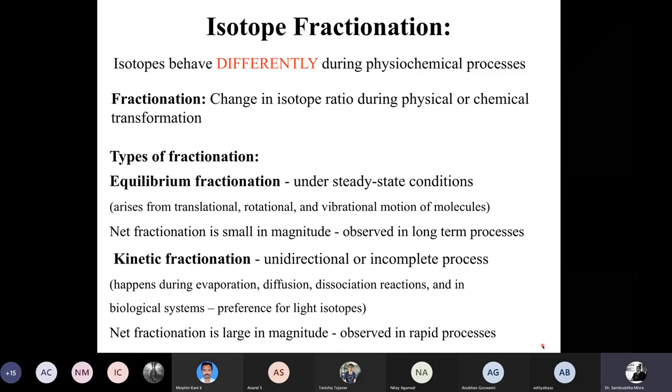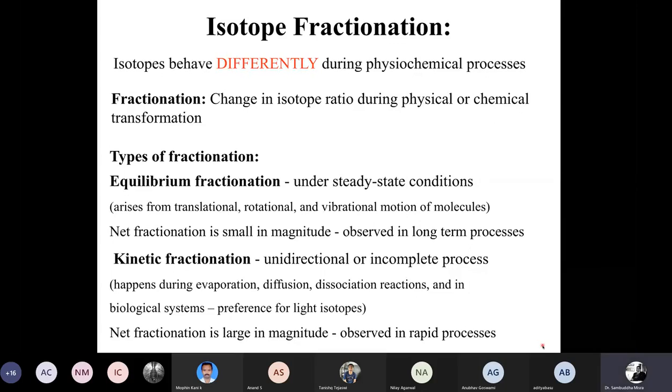And generally, we call two types of fractionation in nature. Equilibrium fractionation happens under steady state conditions. For equilibrium fractionation, we need chemical equilibrium or physical equilibrium to be there. A good example of equilibrium fractionation is that if you have a bottle with some headspace tightly capped, the air in that headspace is going to be in equilibrium with the water.